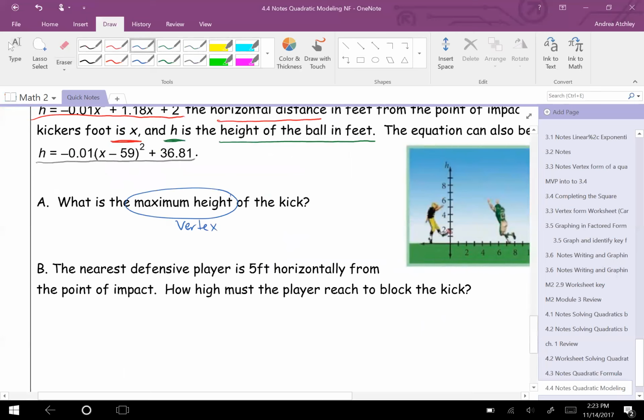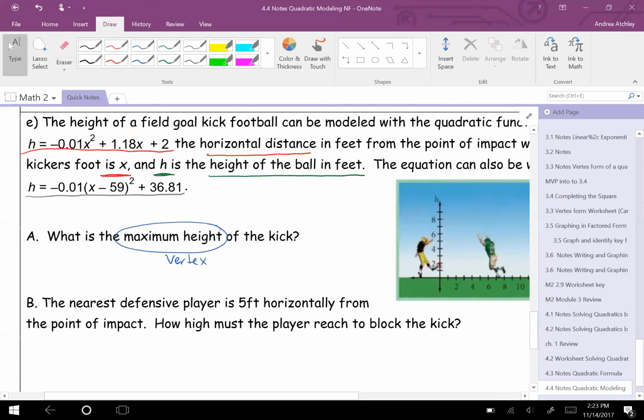The X represents what we just told you, the horizontal distance. The H is the height of the ball in feet. So we want the height, which is the H value. So 36.81 feet. Any questions over that?